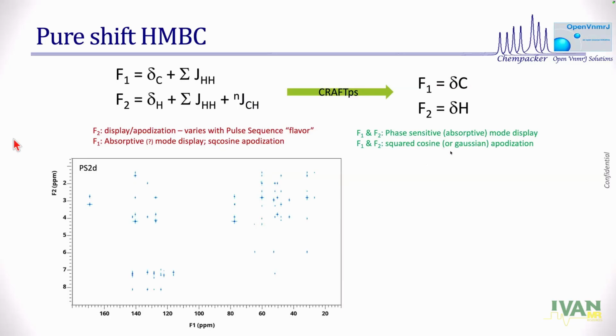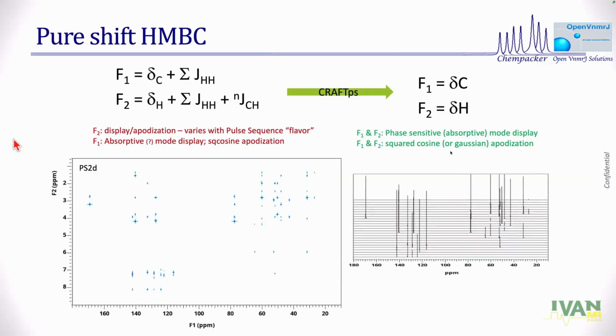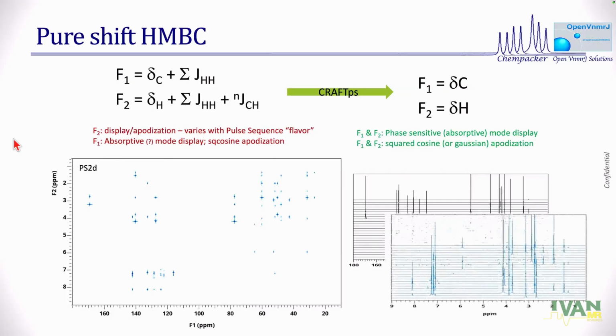I use the Gaussian finisher, but you don't need to if you have a very good computer. There is your INEPT-type carbon spectrum at each proton chemical shift, at a resolution and line width similar to carbon.